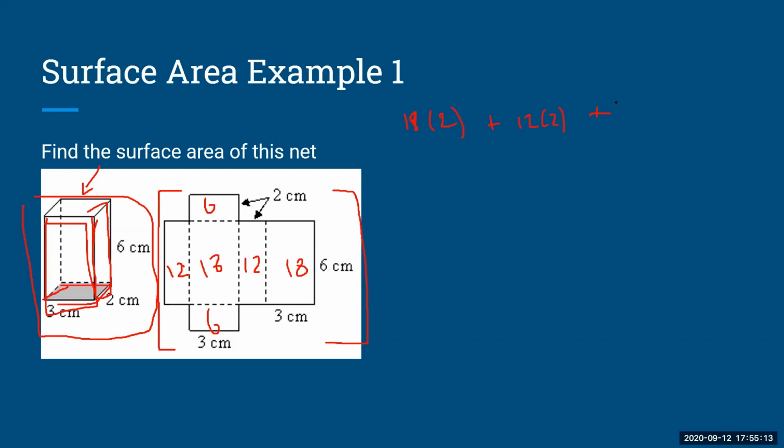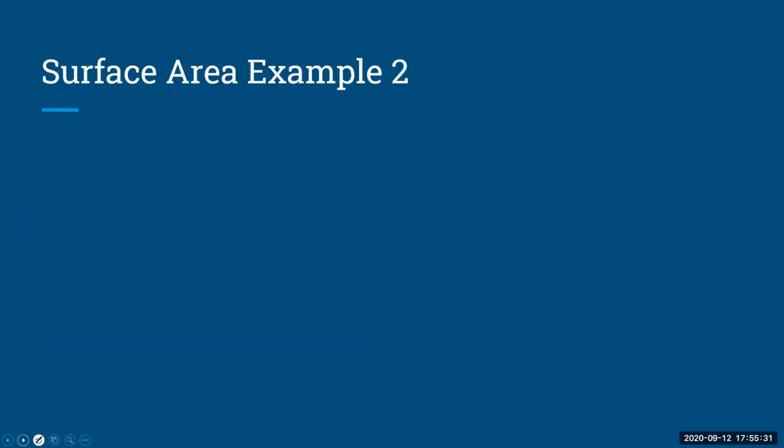Bottom is 3 times 2, so 6 times 2, which would be 36 plus 24 plus 12, which should be 72. Very easy. I didn't even give you the answer. That's how easy it was.